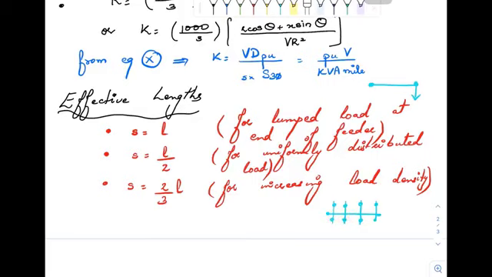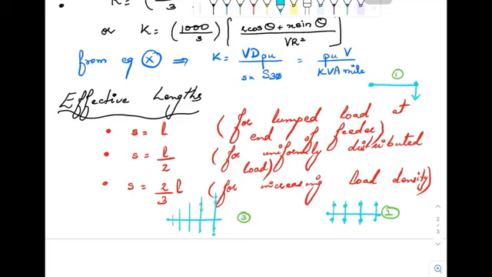And lastly, if the load is increasing in nature, like the case which we have discussed earlier, so this is 1, 2. Now let's see the third case. Suppose this is the feeder, this is the load, and load increases like this, meaning we have uniformly increasing load density.